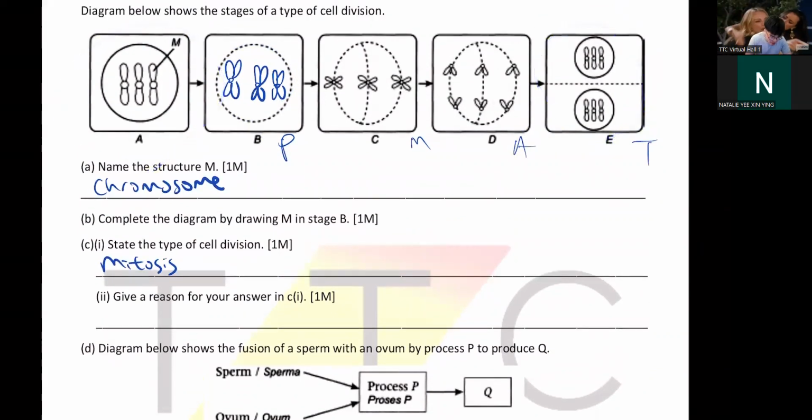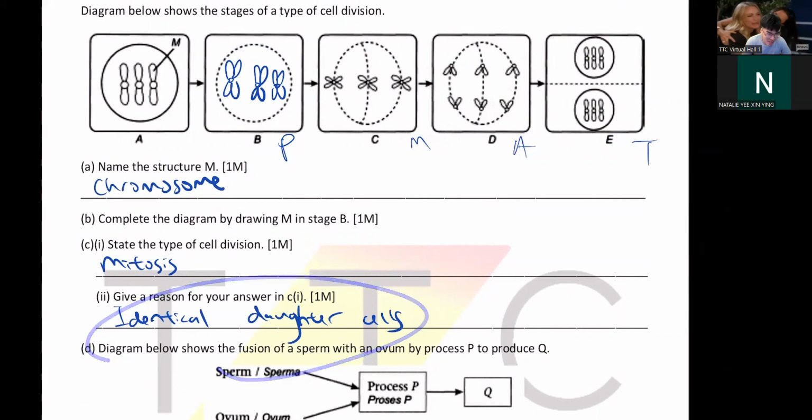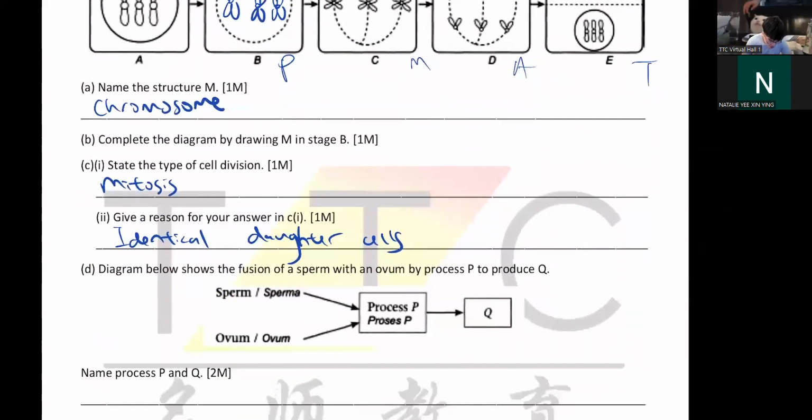Or you can say there's no crossing over, there's no homologous chromosome, there's only 1 cell division. So many to write, so I just picked the shortest answer because I'm lazy. No need to write long.